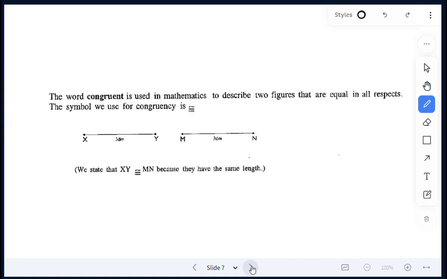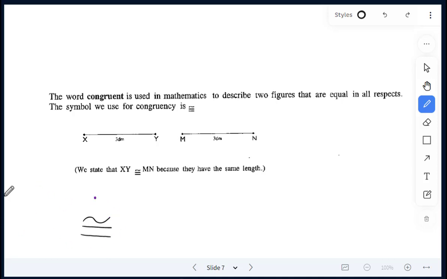All right, and then the word congruent. You may have heard this word before. It's used in mathematics to describe that 2 figures are equal in all respects, meaning the size, the angles, everything is the same. This is the symbol used: it looks like an equal sign with a squiggle on top.